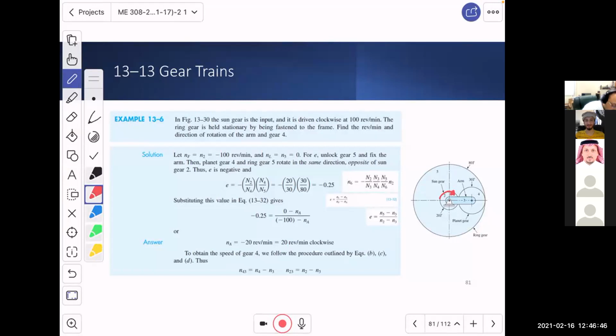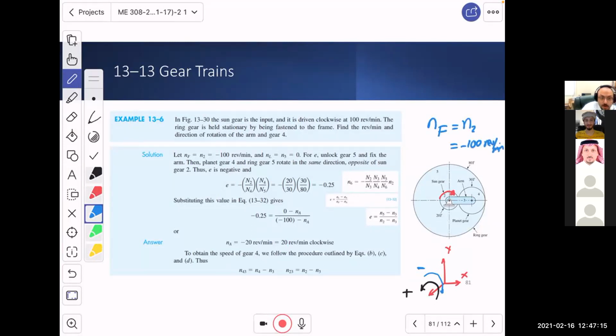If we consider a right-handed coordinate system, this means that any rotation which is counterclockwise is positive, and any rotation which is clockwise is negative. That's why we are going to say that NF, which is N2, is equal to minus 100 revolutions per minute.